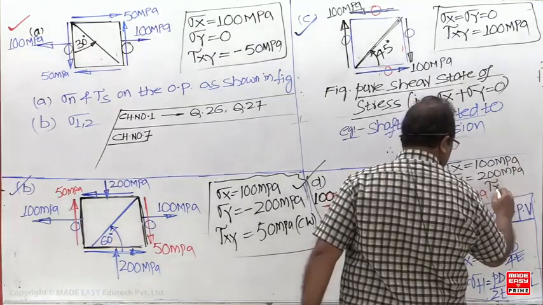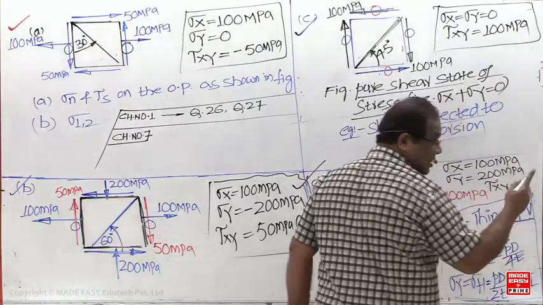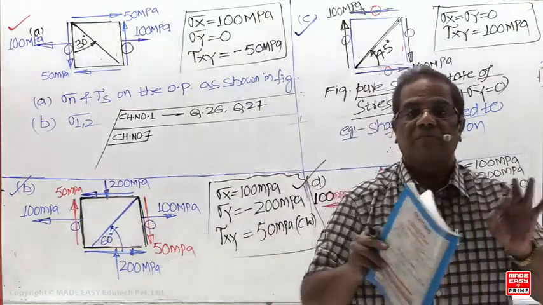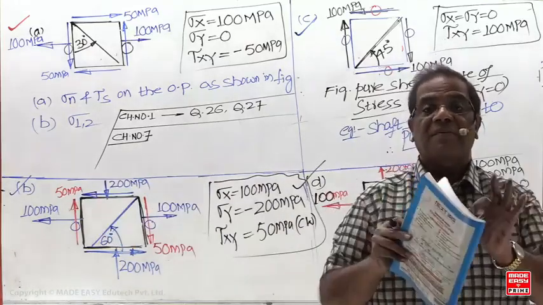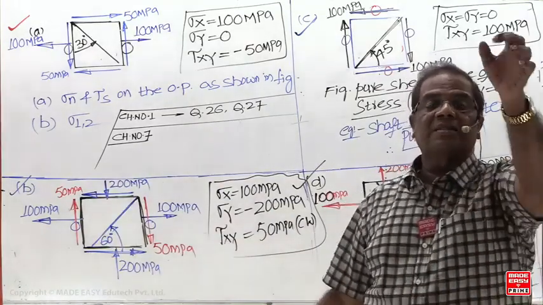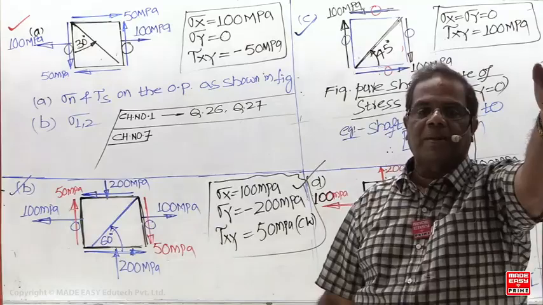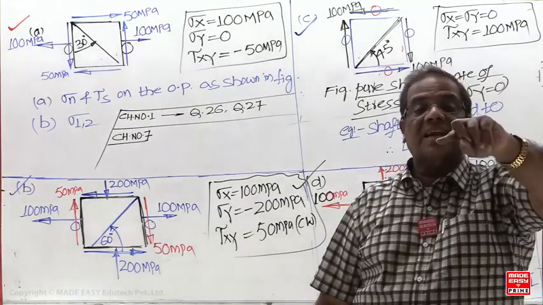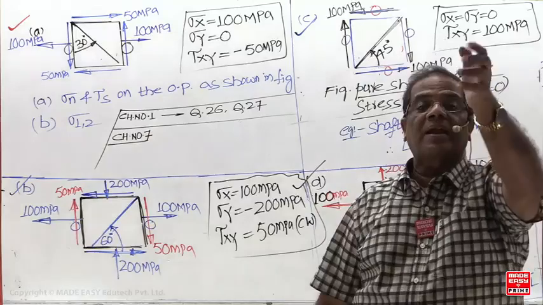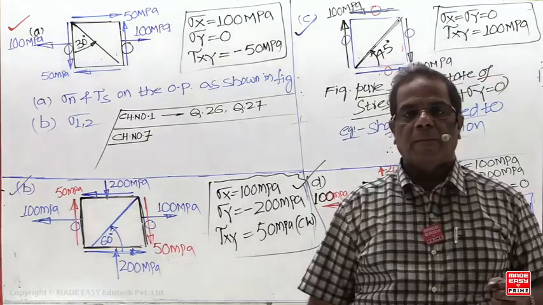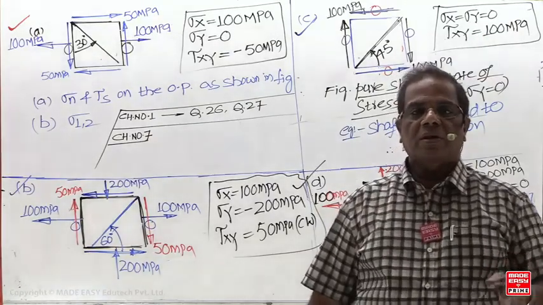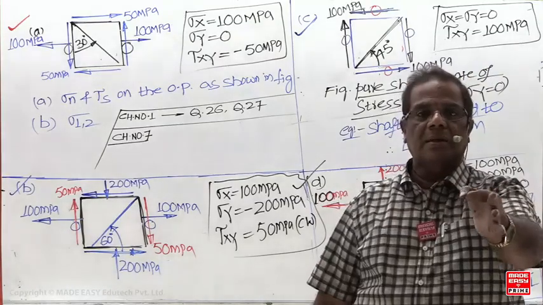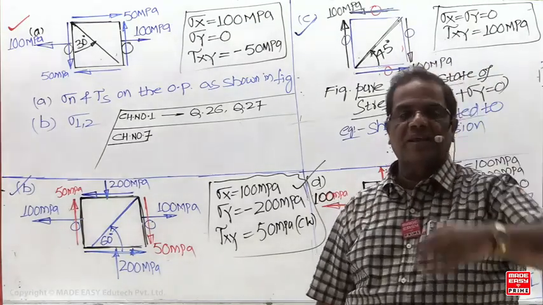Whenever tau xy is 0, sigma x and sigma y become the principal stresses, and the x and y faces become the principal planes.